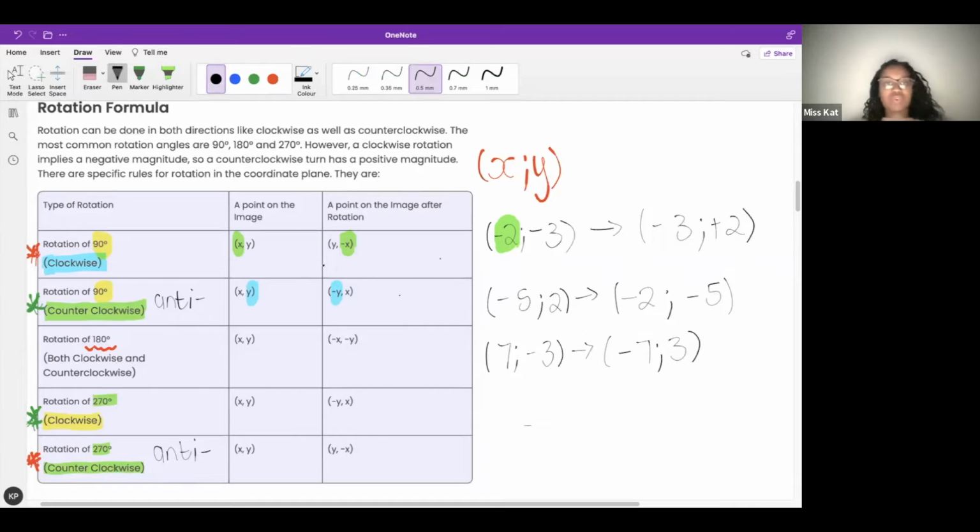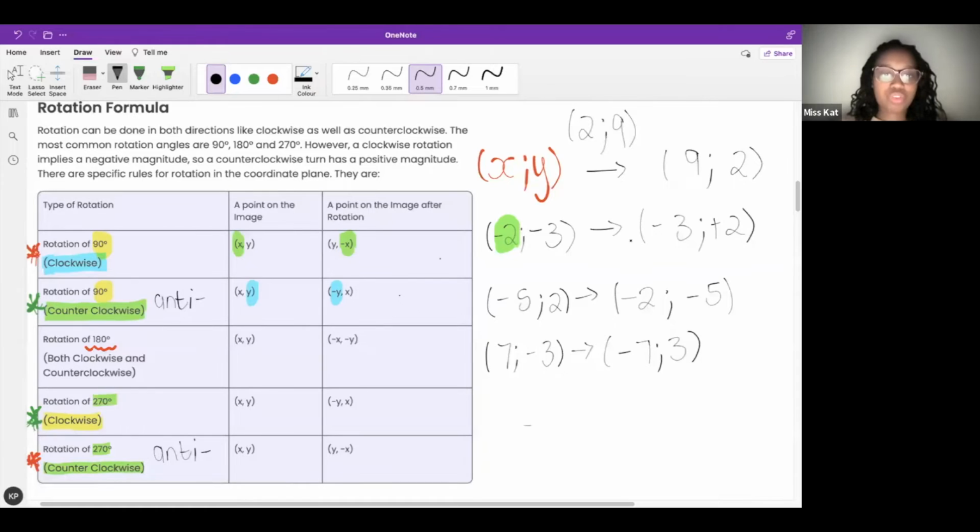So let's look at the first one. If you're rotating it 90 degrees clockwise, let's say we had a point, and let's say my point was 2, 9. Are you with me so far? The first thing is, do you see that the x and the y swap positions? So that means now my 9 is going to come first and my 2 is going to come after.